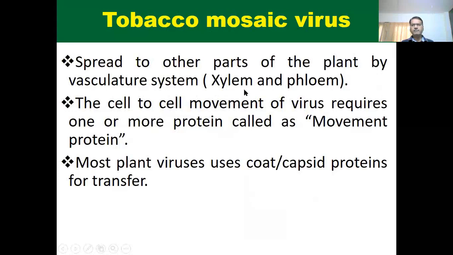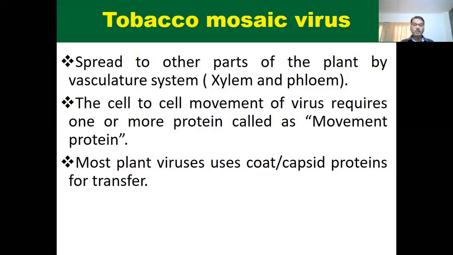We know xylem and phloem are conducting tissues, vascular tissues. Xylem helps in the transport of water, whereas phloem helps in transport of food material. So through xylem and phloem, the further spread of the virus throughout the plant occurs.